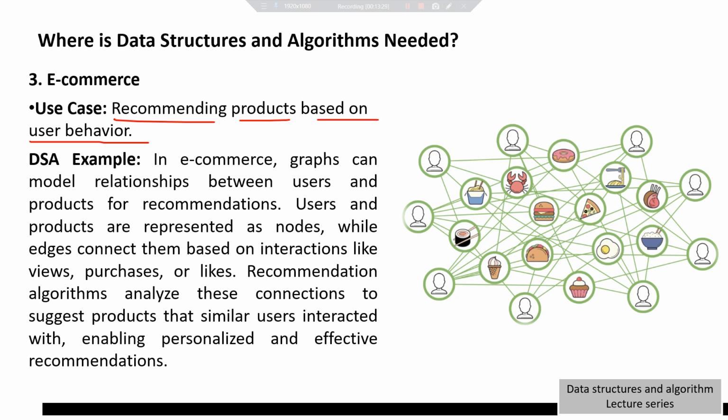That is an example of a recommender system. That basically uses a graph. In e-commerce, graphs can model relationships between users and products for recommendation. If you go on Instagram and watch certain reels, depending on the type of reels you are watching, the recommender system inside Instagram will suggest similar kinds of reels, right? So this is one application.